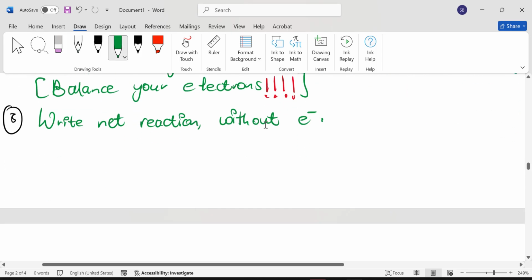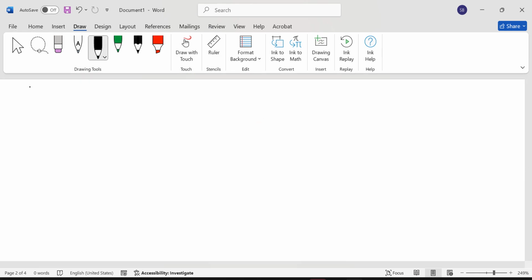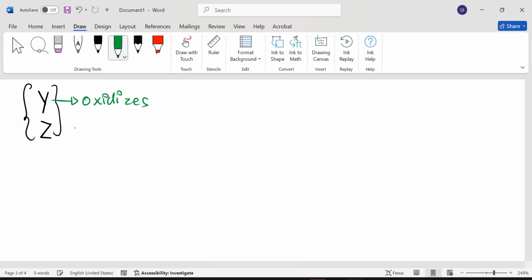If you look at a certain example, say we're given, not given rather, but assume we have some element y and some other element z. These are not real elements, these are just some letters that I'm using right now. Say that element y undergoes oxidation, so element y oxidizes and element z reduces.